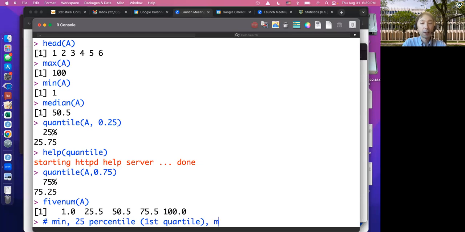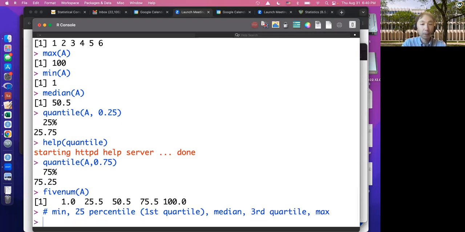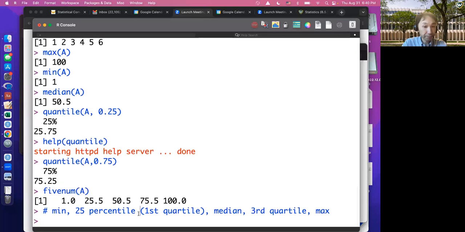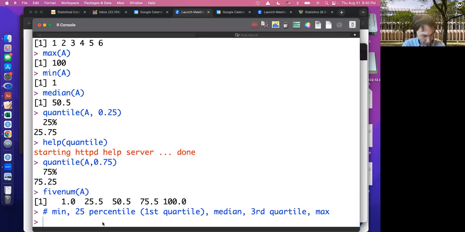The third one is the median, the fourth is the third quartile or 75th percentile, and the last one is the maximum. So it returns 5 numbers at once. Some functions return multiple numbers.